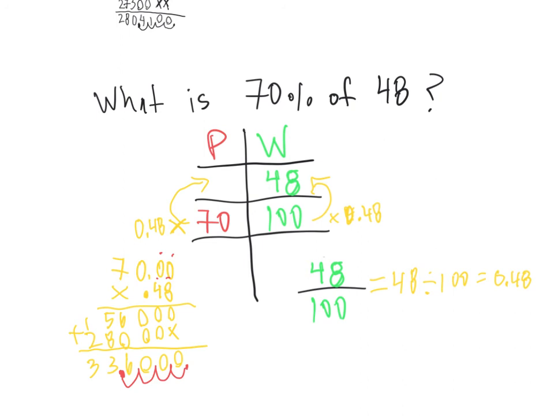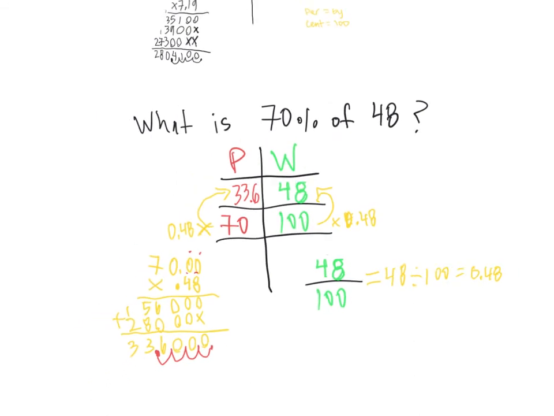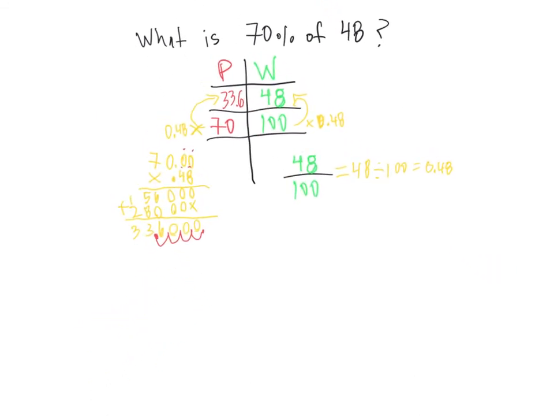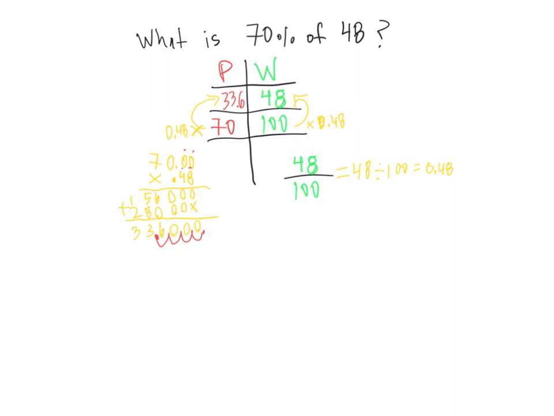So our answer ends up being 33.6. So 33.6 is 70% of 48.